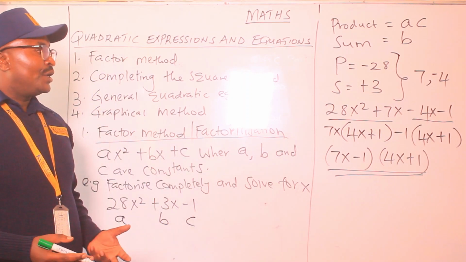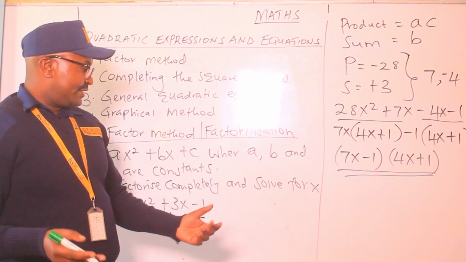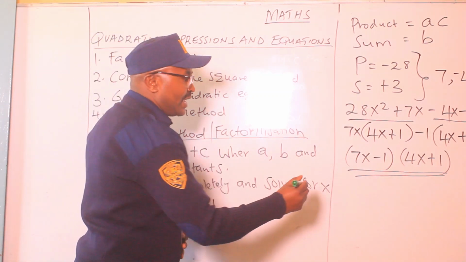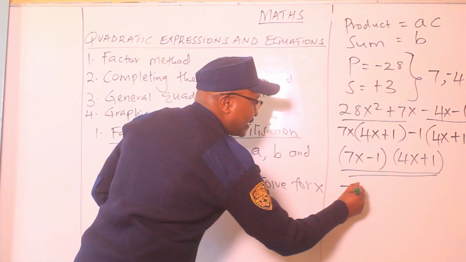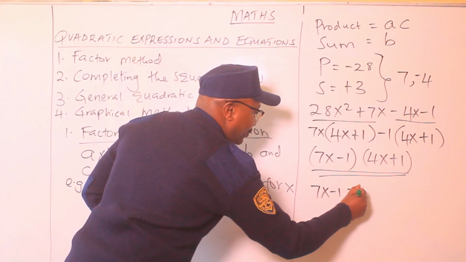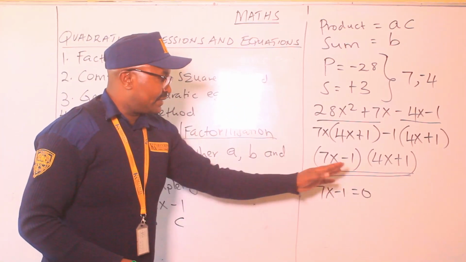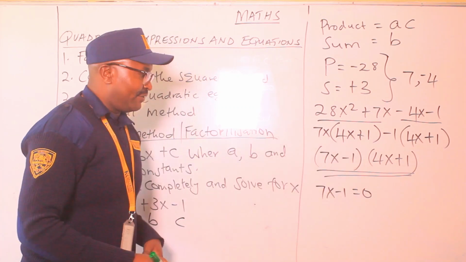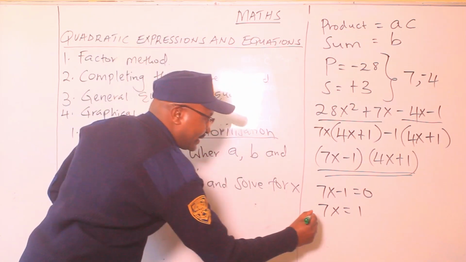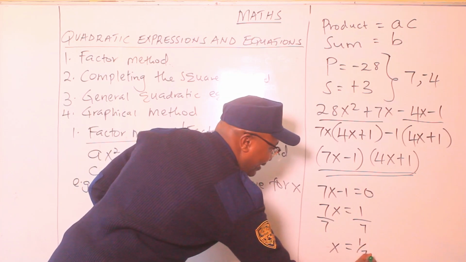Then you can proceed to get the value of x, because you are told to solve for x. So you take the first bracket, 7x minus 1, and equate it to 0. You move 1 to the other side of the equal sign, that is 7x is equal to 1. Divide by 7 on both sides, and you get x is equal to 1 over 7.